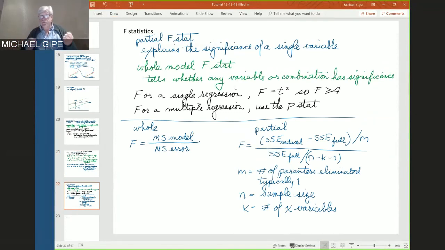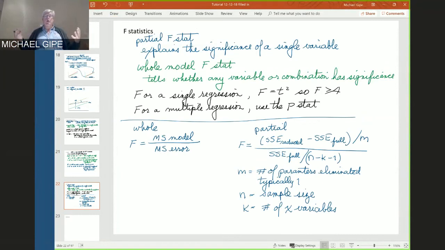Just know that the partial F statistic is telling you about the significance of a single variable. It's really useful if you have a categorical, because the T-stat for each level of the categorical is not a good indication of whether that variable should be included or not, because you can't include part of a categorical variable. So you have to look at the partial F test for the whole categorical variable.